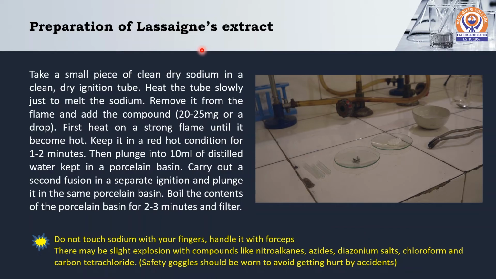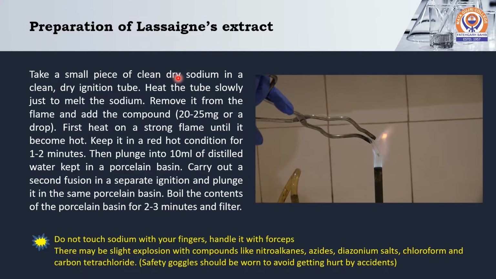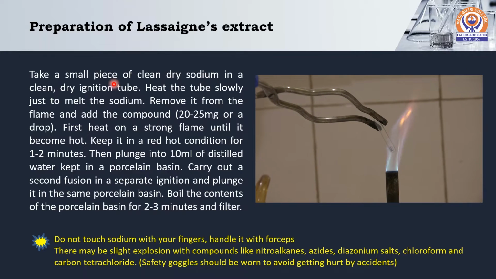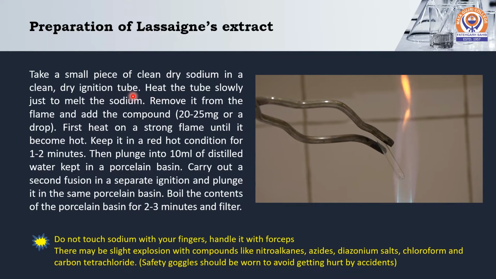Preparation of Lassaigne extract. To prepare Lassaigne extract, we will take an ignition tube, place dry sodium metal in it and heat it to form a shiny bead.